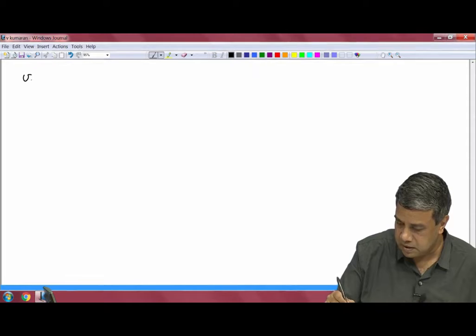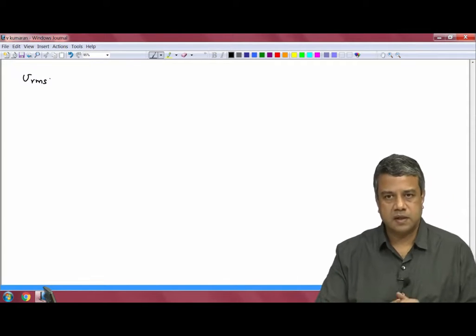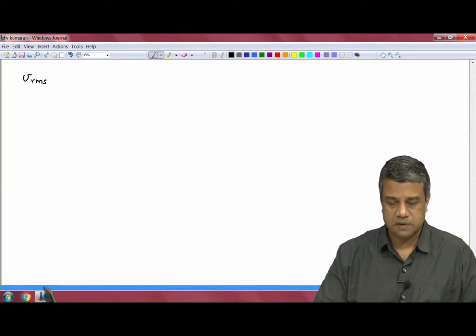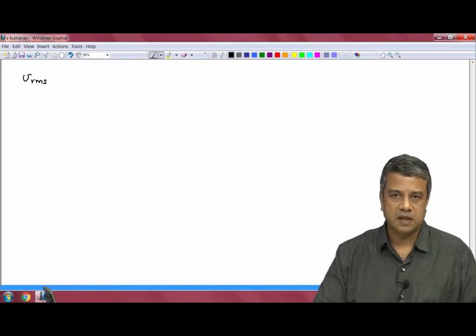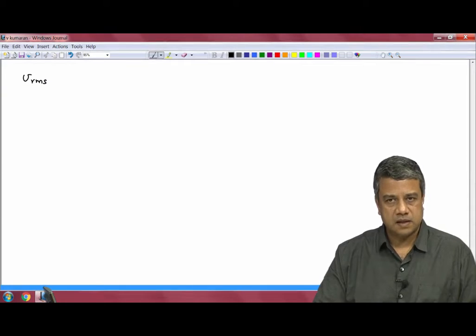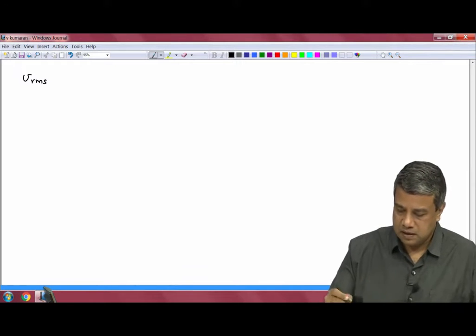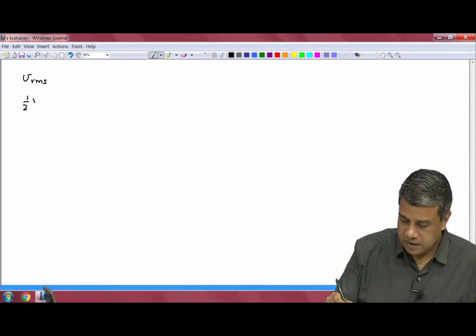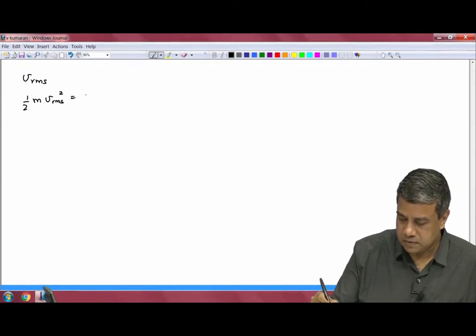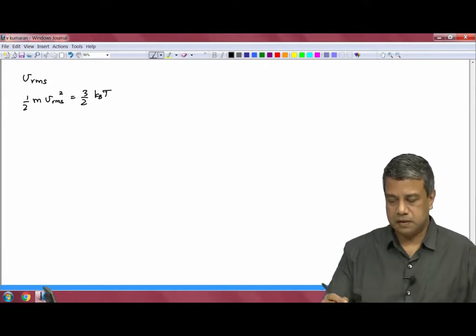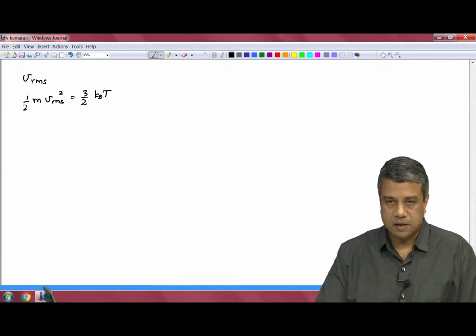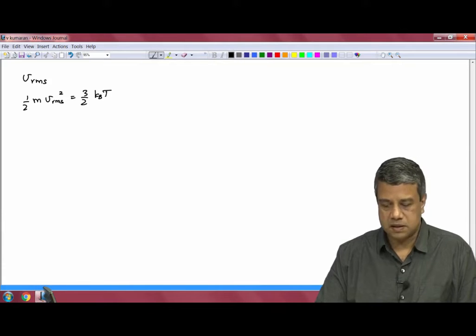What is the approximate magnitude of this root mean square fluctuating velocity in a gas? From kinetic theory of gases, we know that half m Vrms square is equal to 3 by 2 kBT, where m is the molecular mass, kB is the Boltzmann constant, and T is the temperature.